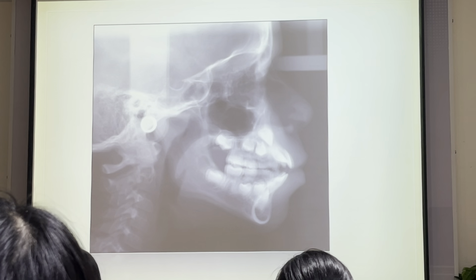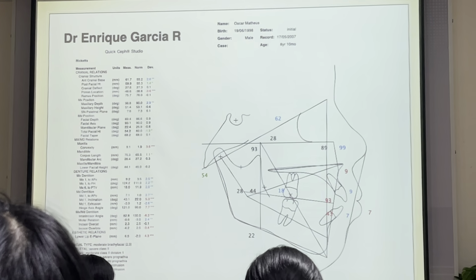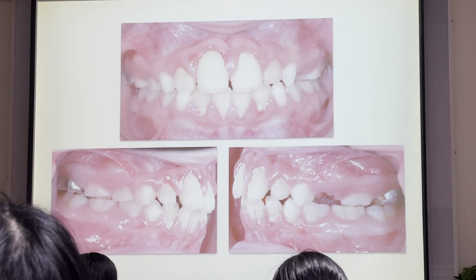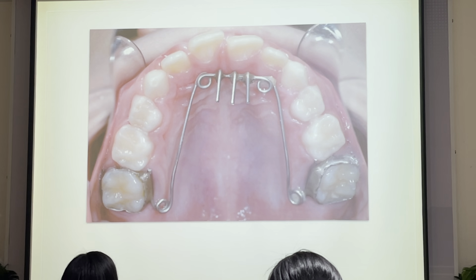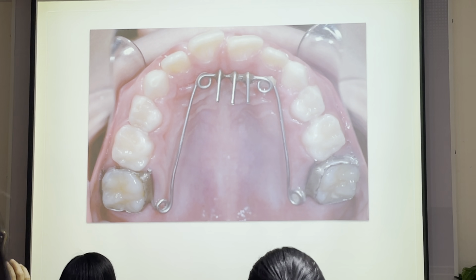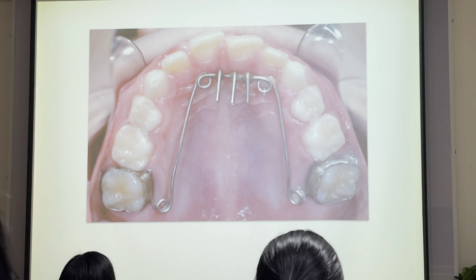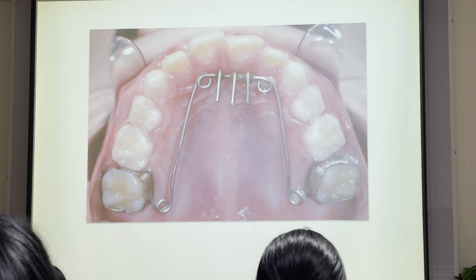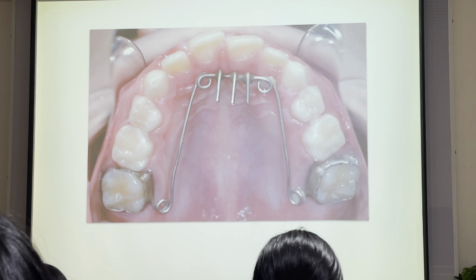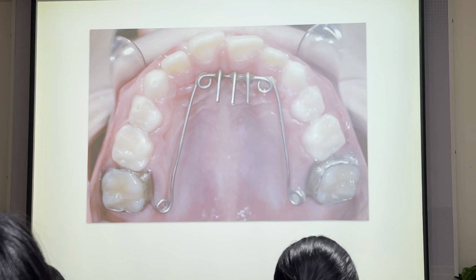This is a biprotrusive case, open bite. This is the design with the quadhelix. The difference with other cribs is that many people do the spurs vertically. They don't go vertically. They go backwards.